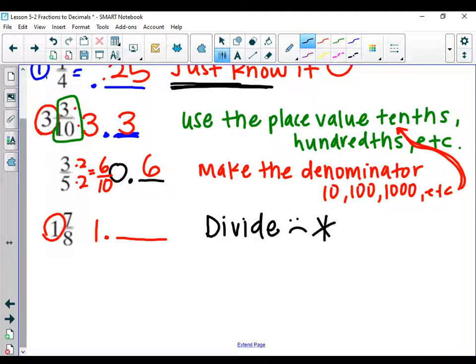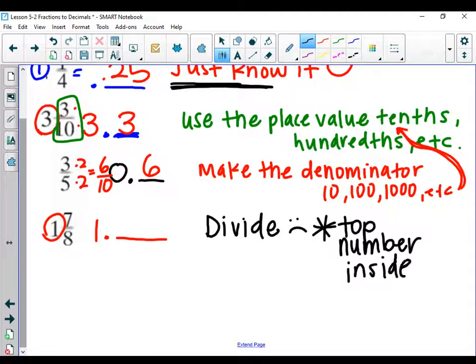Remember, I cannot tell you how many times people put the wrong number on the inside and they get mad at me because their division wasn't working out.